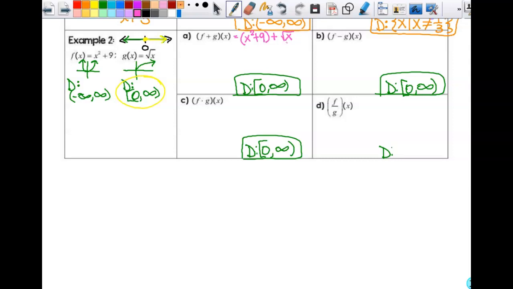No, they do not. Is there really anything I can do? No. The only thing I should do is put it in the correct order with my exponents from least to greatest. So that would be x squared plus the square root of x plus 9. That's equal to f plus g of x. Bam. Everybody good with that?